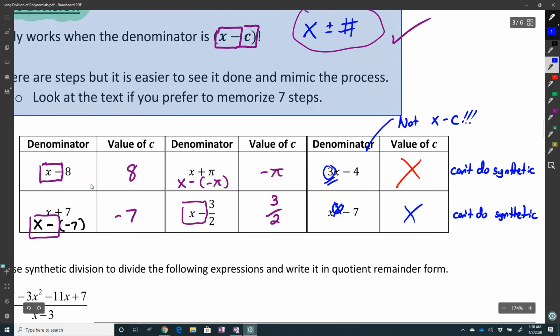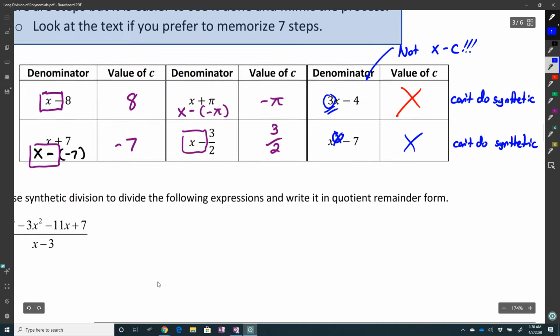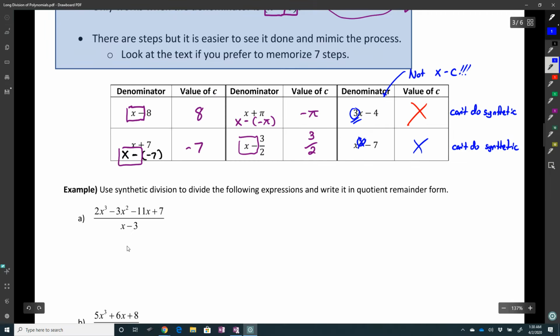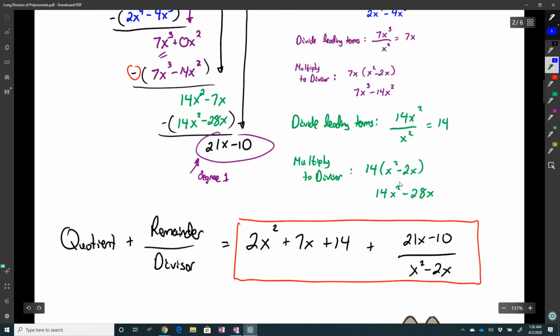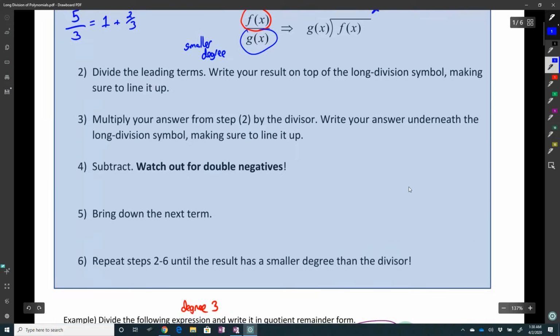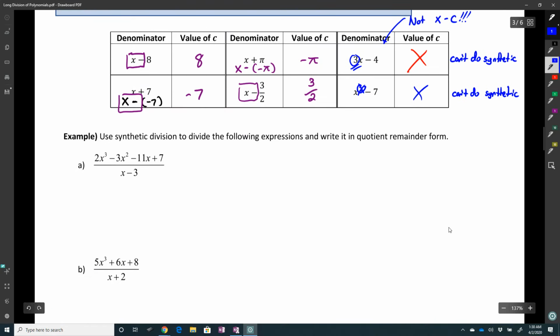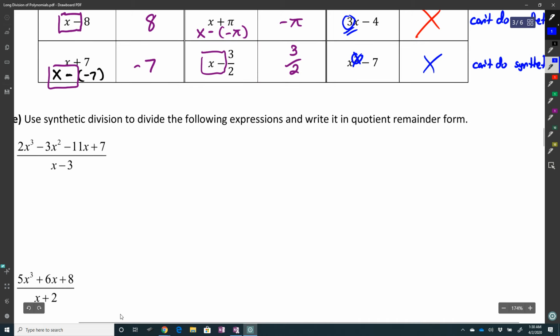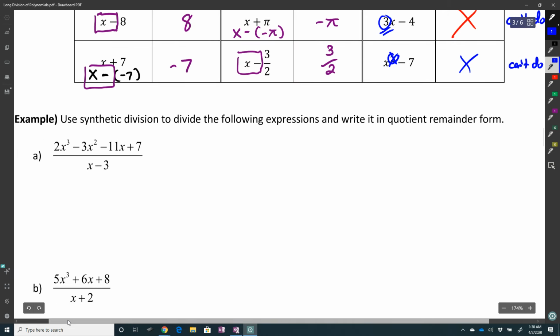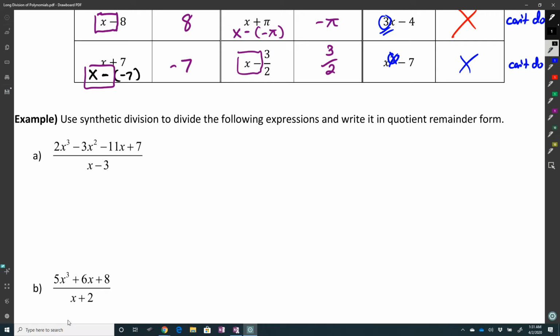All right. With that being said, I'm going to show you how to do synthetic division. There's a long list of steps, just like there was with the long division, but I'm not going to write down the steps because honestly, it just makes things more confusing. So I'm going to show you how it works. It's actually kind of fun. So to do synthetic division, first you find c.